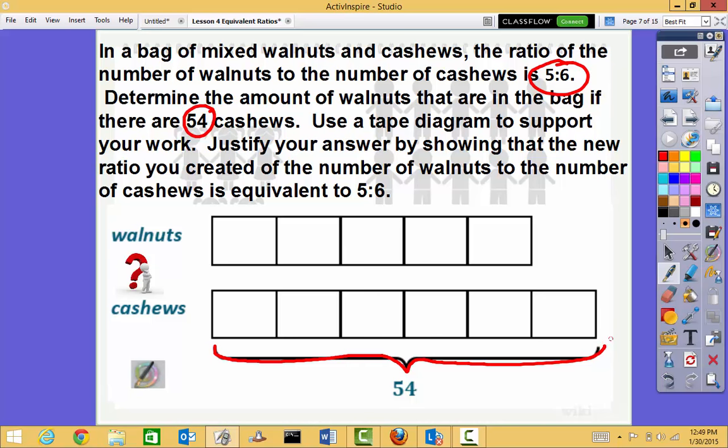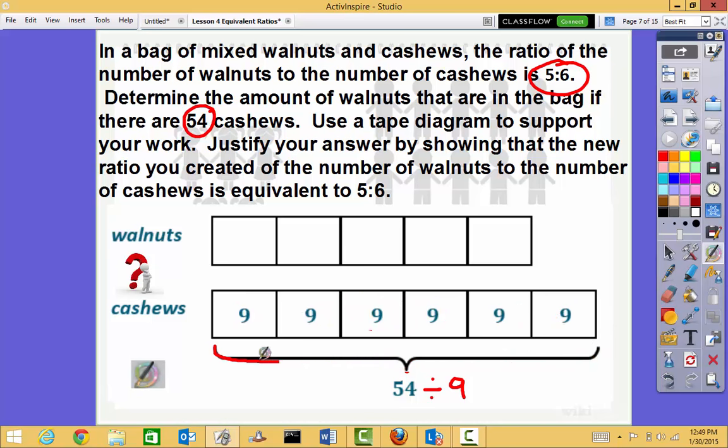What I need to figure out now is, if this is 54, how big is this box, this box, this box, this box, this box, and this box? Well, that's easy. I have 6 boxes here, so I'm going to break them up into equal groups. When I make equal groups, I divide. 54 divided by 6 is 9.